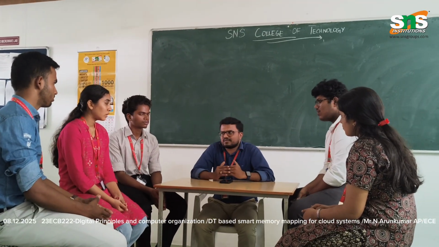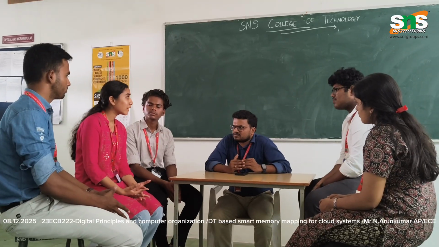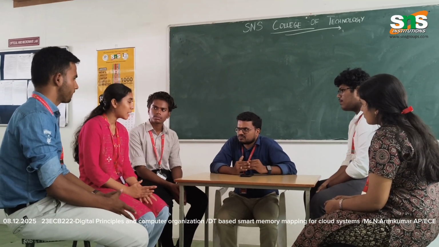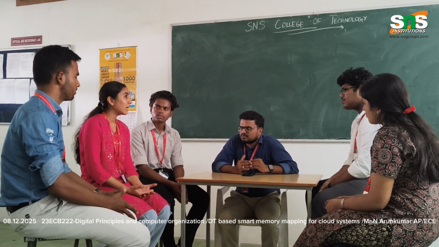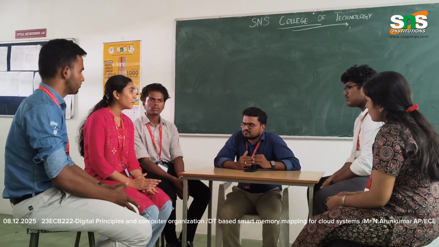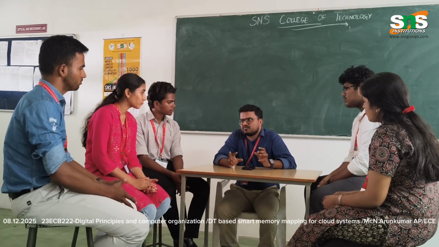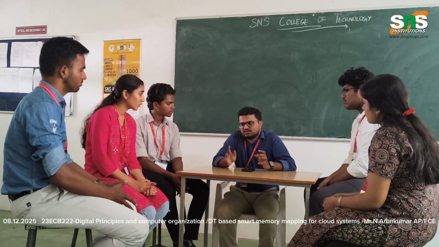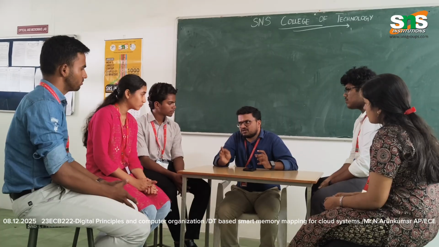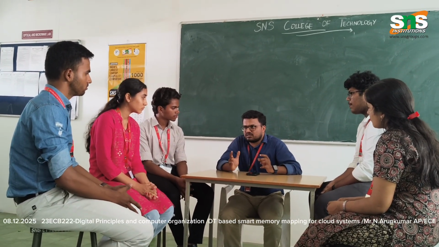The next stage is to make a prototype. In the prototype, we can make a small model of the smart memory mapping system, and it includes an AI-based TLB tracking system. Here the TLB performs two kinds of operation: hit or miss. If the data is present in the page table, then it is fetched and forwarded to the end users.